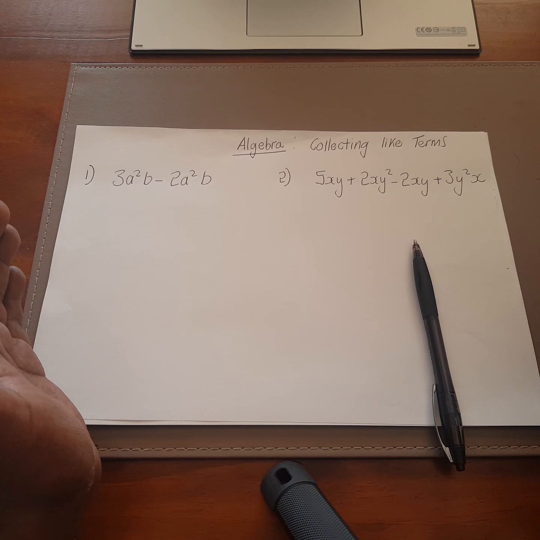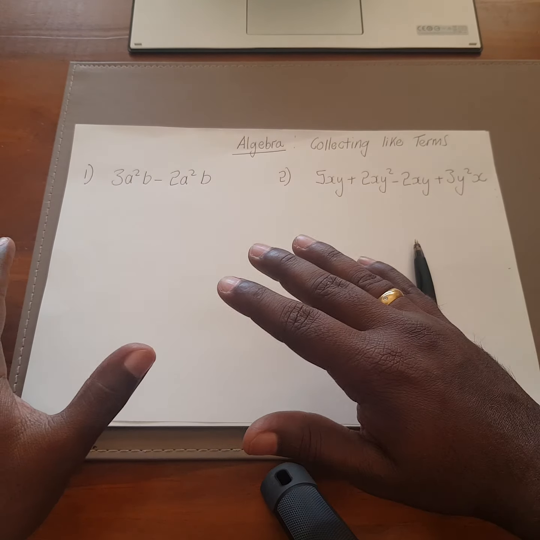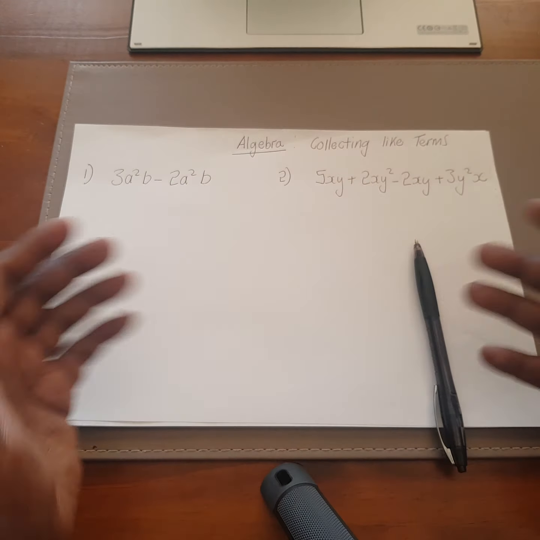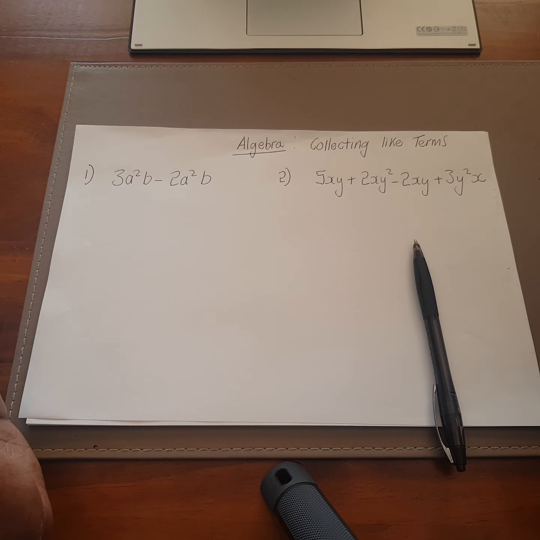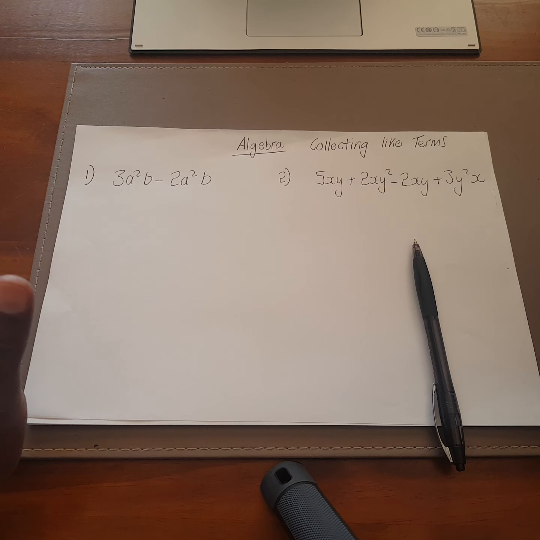So likewise, when you're solving questions in algebra involving collecting like terms and eventually simplifying them, the first thing you need to do is identify which ones are like terms, which ones are unlike terms, and simplify the like terms. Always remember, you can't simplify unlike terms.